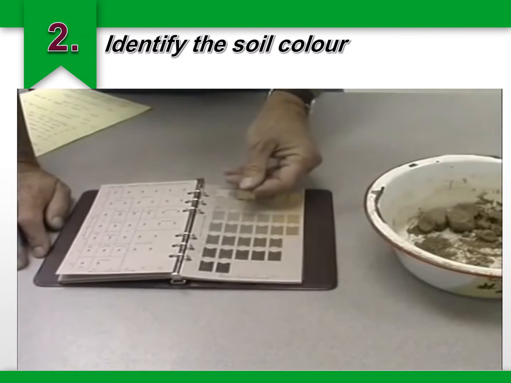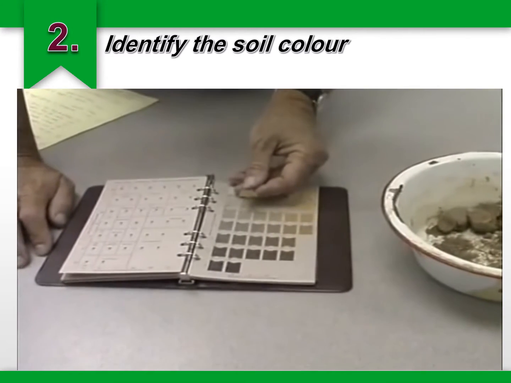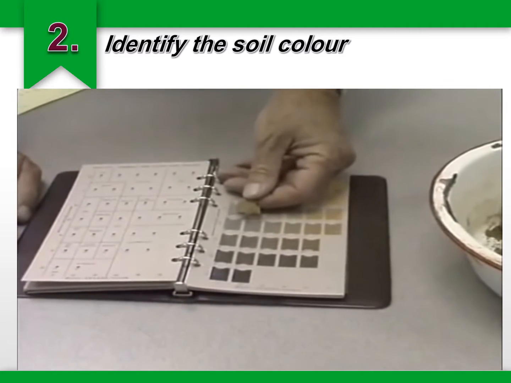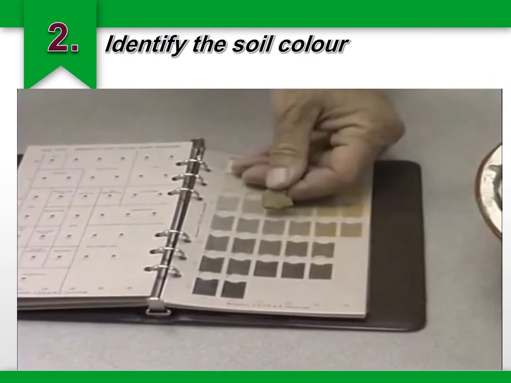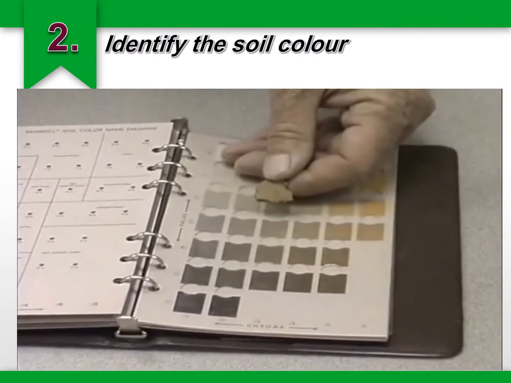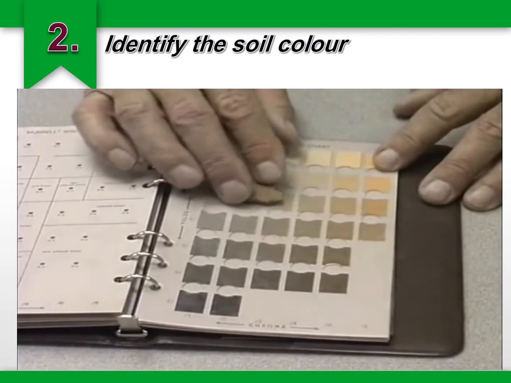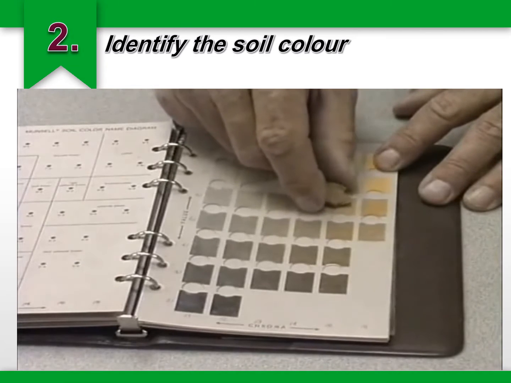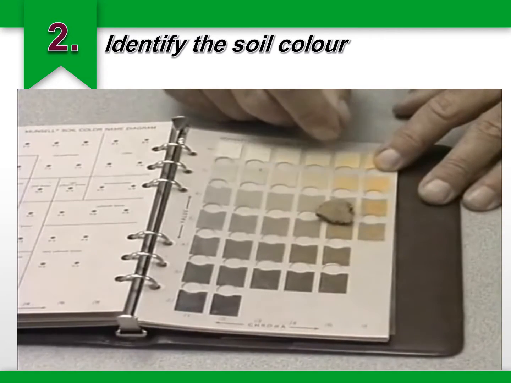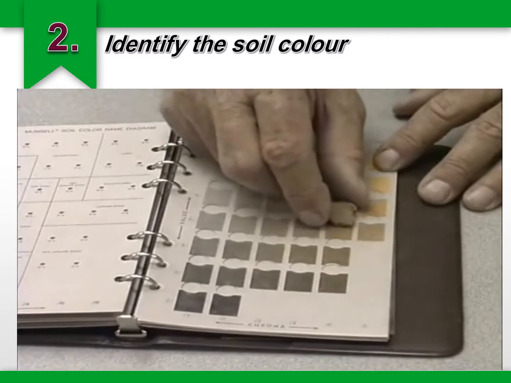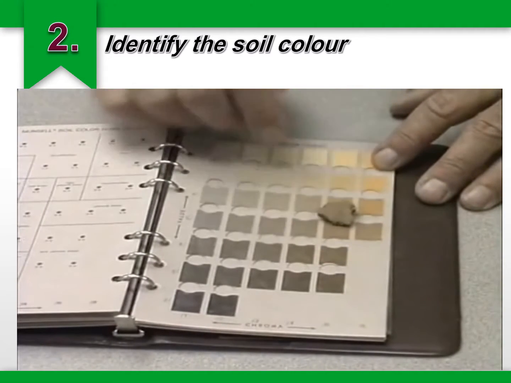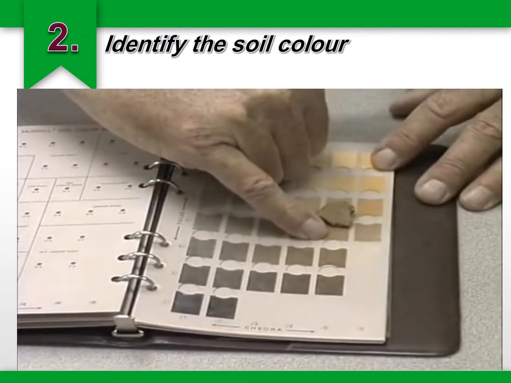I'm probably going to be further up the chart, meaning that I have not quite as dark a soil, but I have a lighter soil. As I read across this chart and I try to match them up, I see that I have a very light soil. It actually matches up the best with this particular color plate right here.